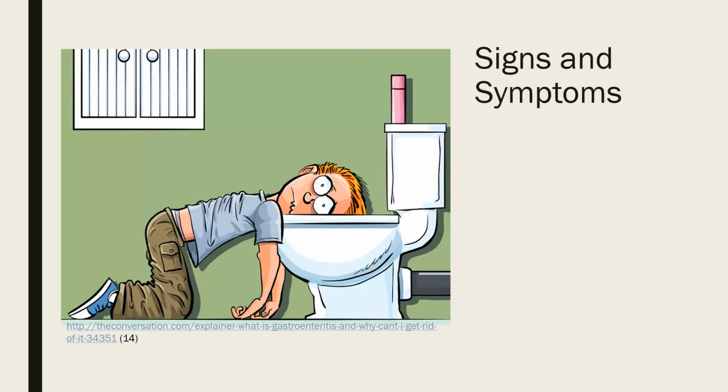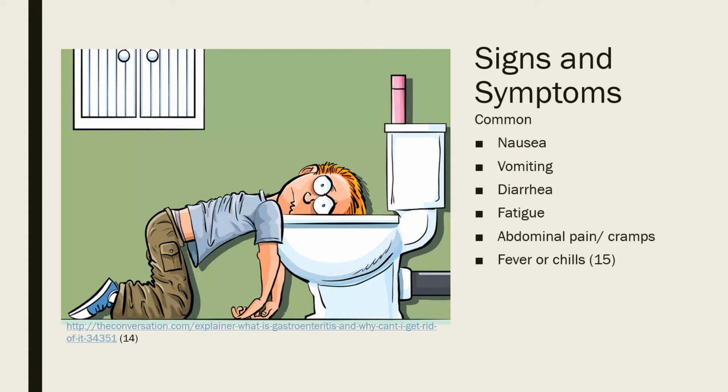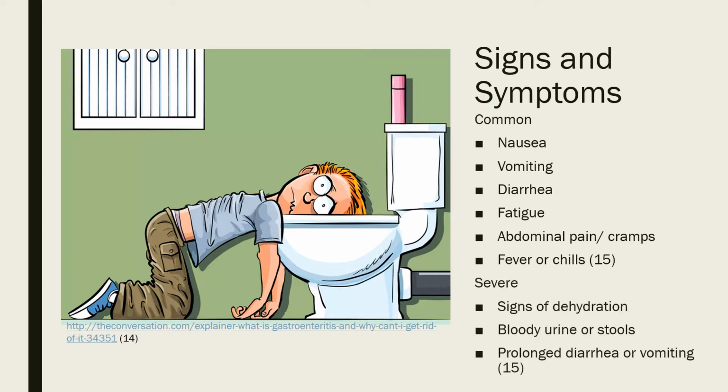Some signs and symptoms of this: if you come down with gastroenteritis, sorry, the toilet is going to become your best friend. Some common signs and symptoms are nausea, vomiting, diarrhea, fatigue, abdominal pain and cramps, and fever or chills. Some severe signs would be signs of dehydration, so dry eyes, crying with no tears. In children, it would be less frequent urination.